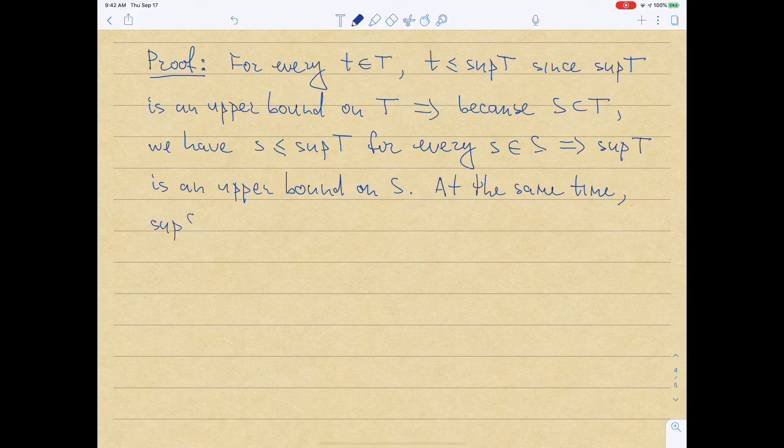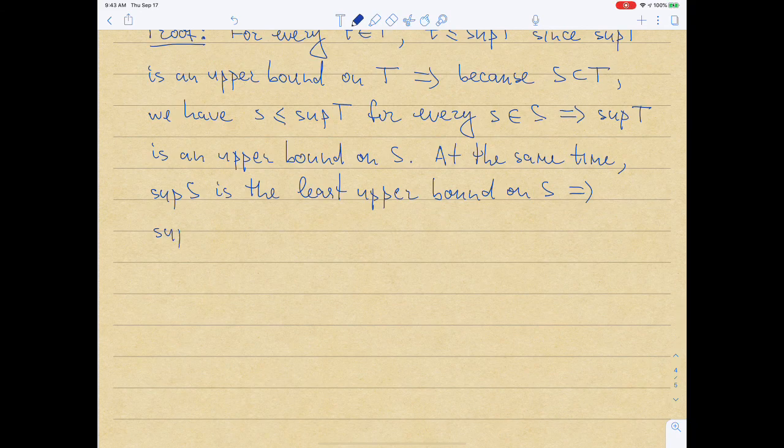Supremum of S is the least upper bound on S. And so then if I have two upper bounds, one is the least upper bound and another one is just an upper bound, that means that the least upper bound, which is supremum of S, must be less or equal than just an arbitrary upper bound, which is the supremum of T. So therefore, sup S is less or equal than sup of T.